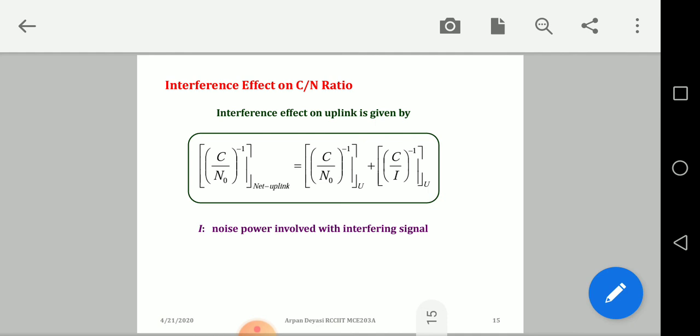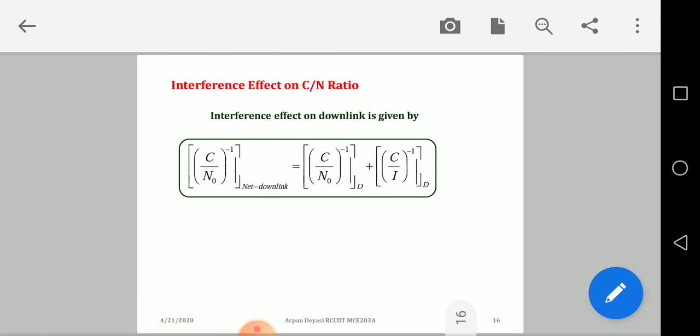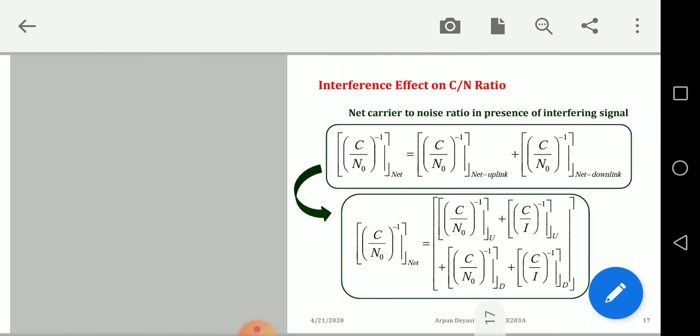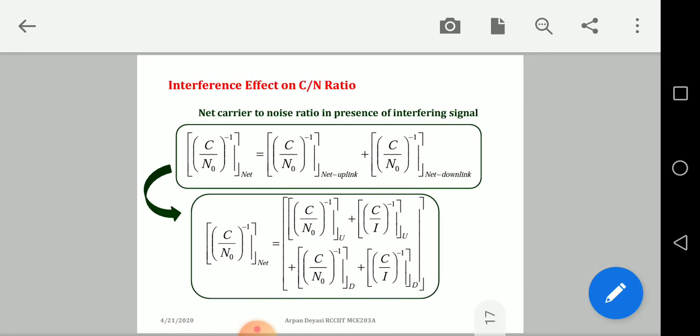Then C by N0 inverse net for uplink is the C by N0 for uplink, 1 by it obviously, plus 1 by the function of C by I, where I is the interfering function. Similarly, we will get the same expression for downlink because uplink and downlink have a similar sort of profile. So once we get that, what will be the total C by N? 1 by C by N involving the interference net will be 1 by C by N for uplink plus 1 by C by N of downlink.